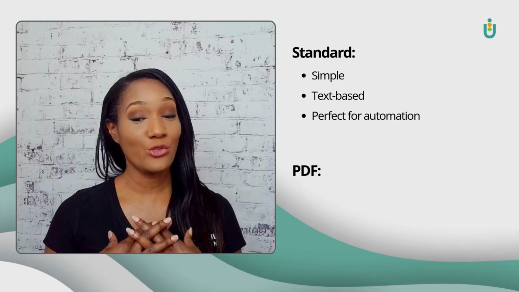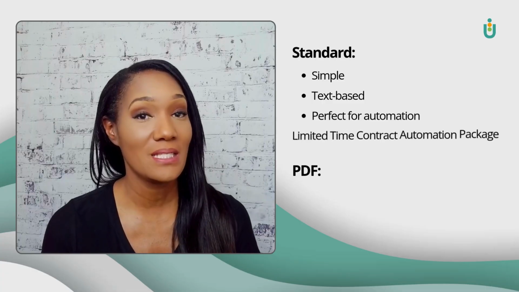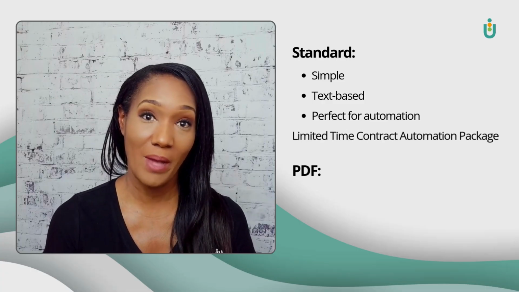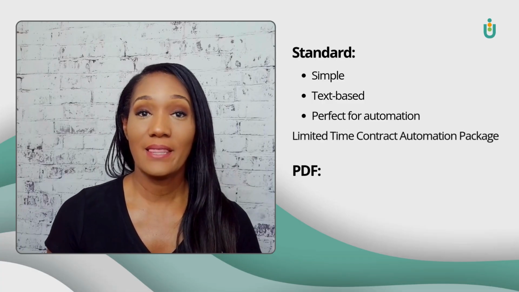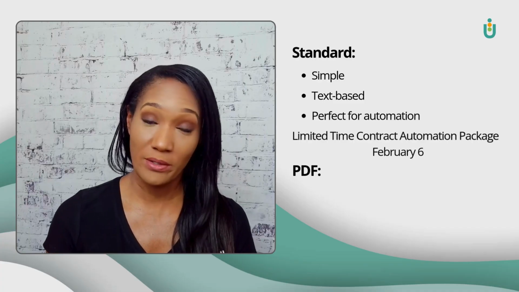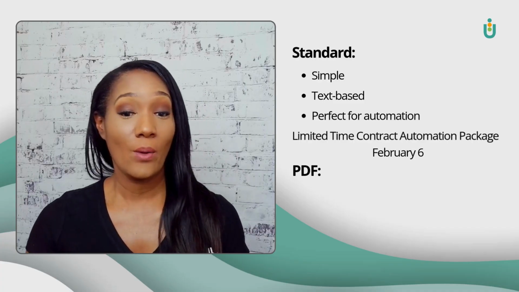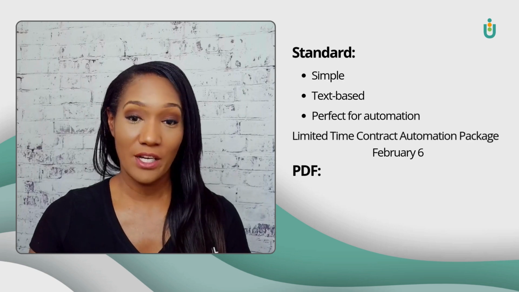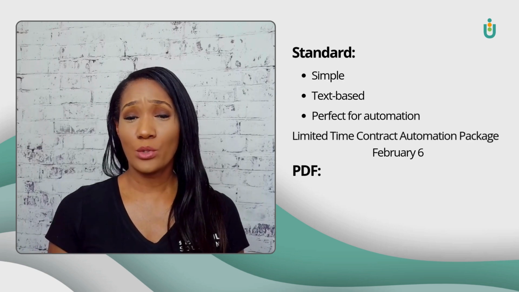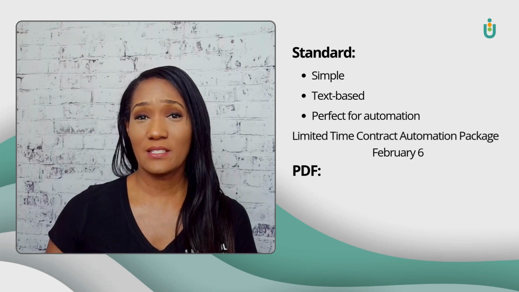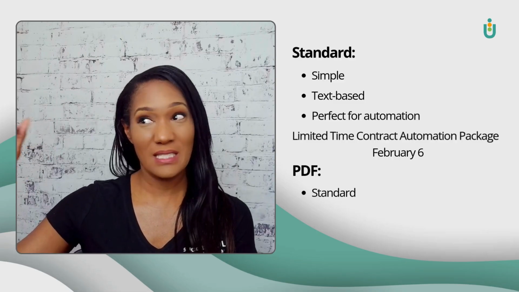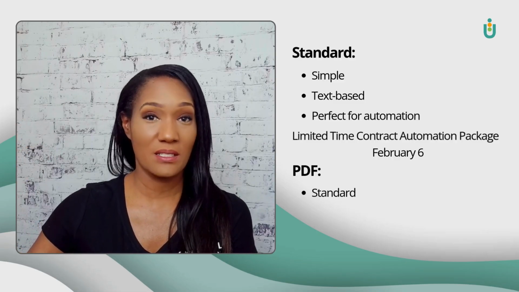Now, we are focusing on a limited time contract automation package that we're offering, and that's just through February the 6th. Now, a PDF contract, that is more so a contract that is maybe a standardized type contract. It's in PDF.